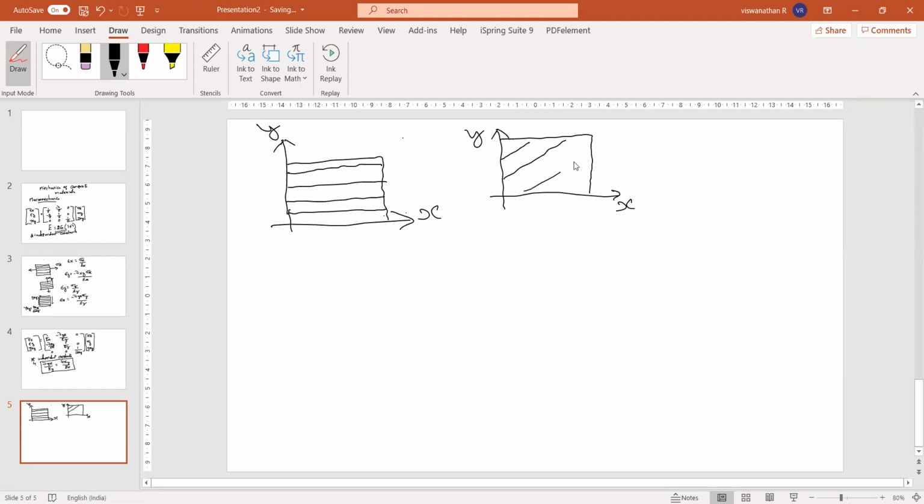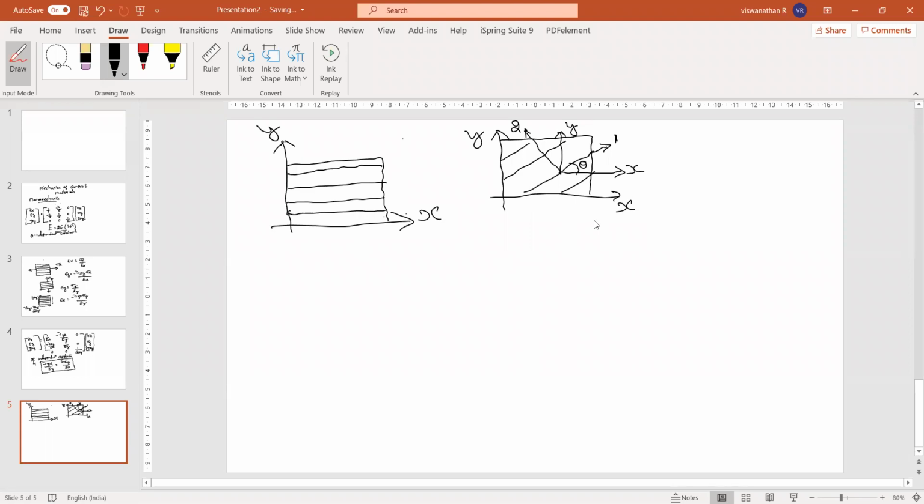If you take the axis there, this will be x, this will be 1, this will be y, and this perpendicular to it will be 2, and this angle is theta.